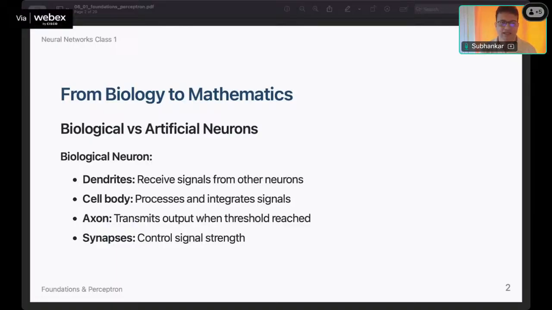It's not that you have to remember dendrite, cell body, axon or synapses, but what they do. For example, a single neuron can have thousands of dendrites. That means it can receive a lot of signals from all other neurons.